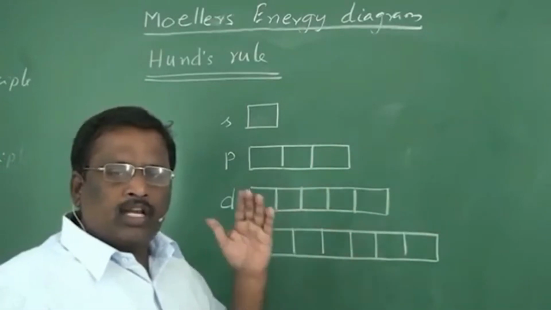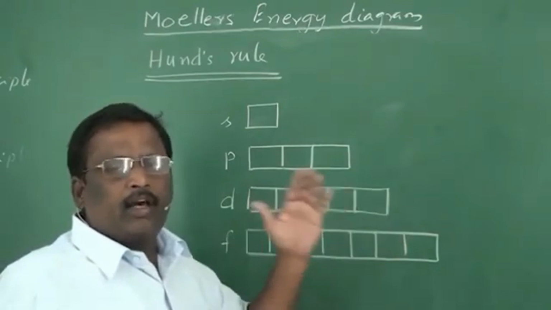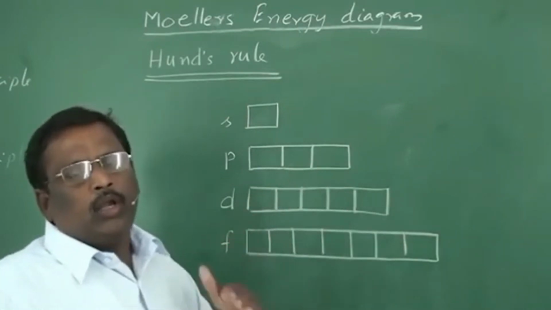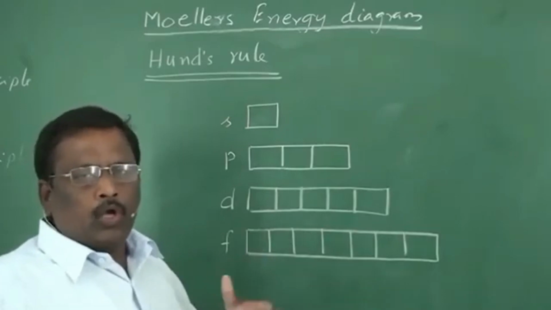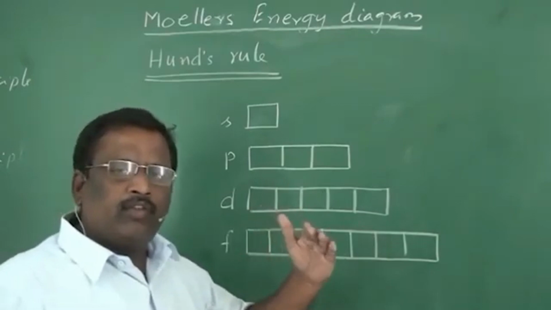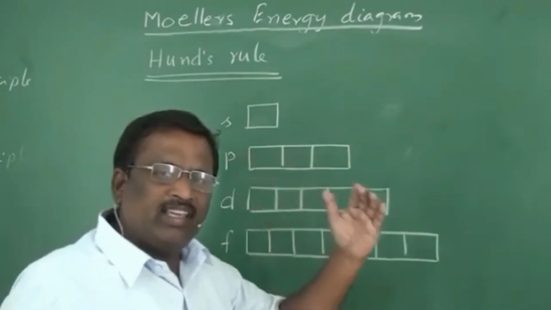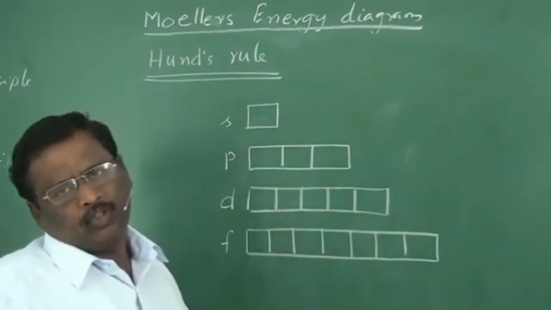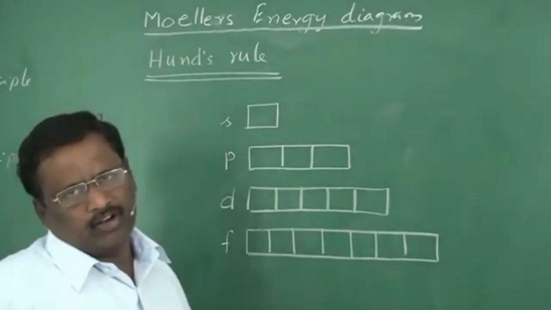When electrons enter into the degenerated orbitals, the pairing of electrons will take place only when all degenerated orbitals are filled with 1 electron each. Pairing, what is pairing? We have already discussed in spin quantum value.